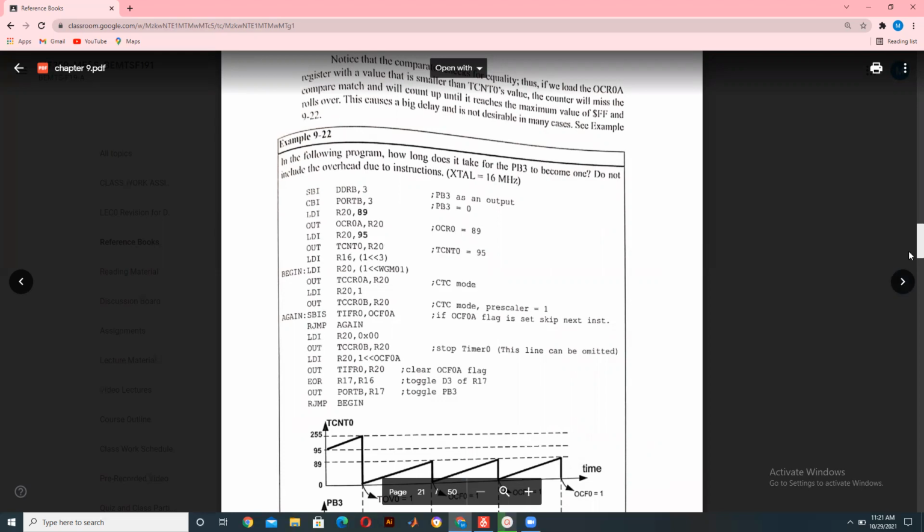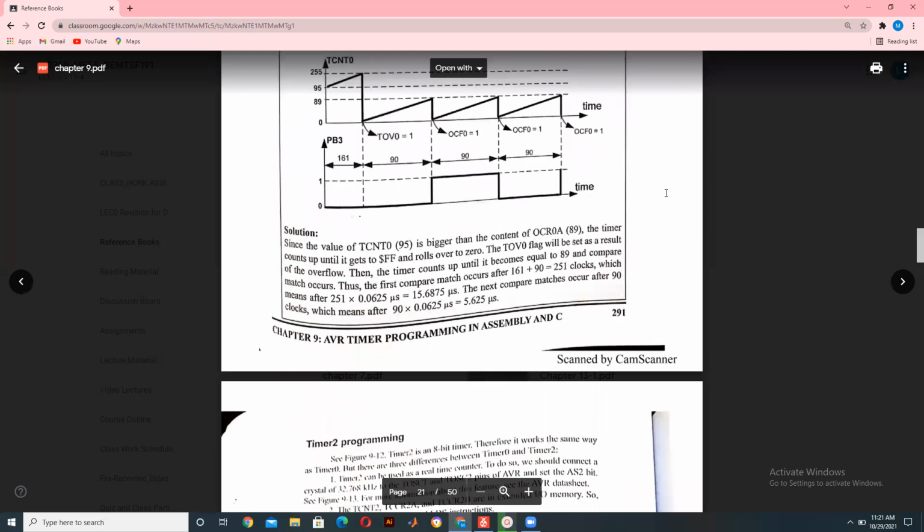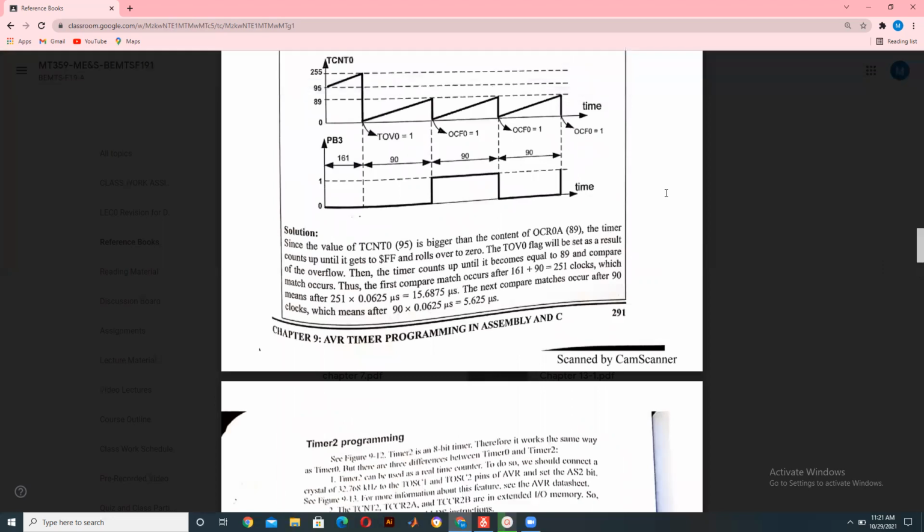So moving ahead, the solution. With 95 and 89, we have taken the TCNT0 value higher than OCR0A. The timer counts up until it goes to 0xFF and rolls over to 0. Then the TOV0 flag is also set for overflow, and then the timer counts up until the value becomes 89 and the compare match occurs.